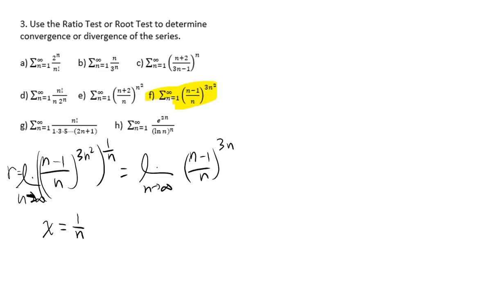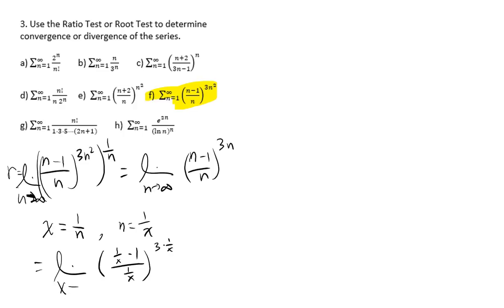So when x is 1 over n, that means n would be 1 over x, and therefore this limit would be the limit of (1 over x minus 1) over (1 over x), to the power 3 times 1 over x.